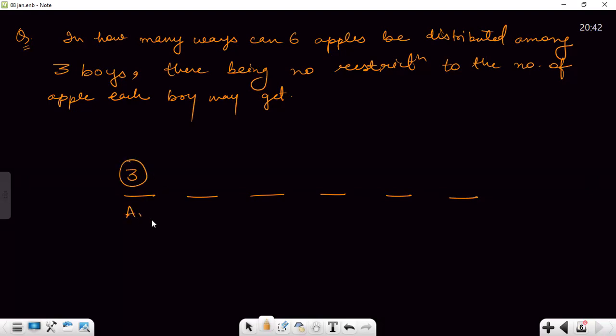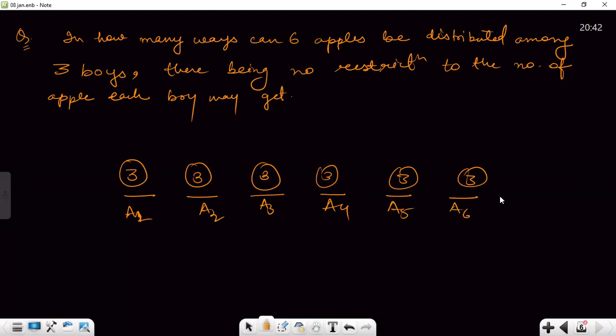How many choices for apple 2? 3 also, because there is no restriction. One person can have 2 apples also. For the third apple, there are also 3 choices, 3 choices, 3 choices. So 3 raised to power 6.